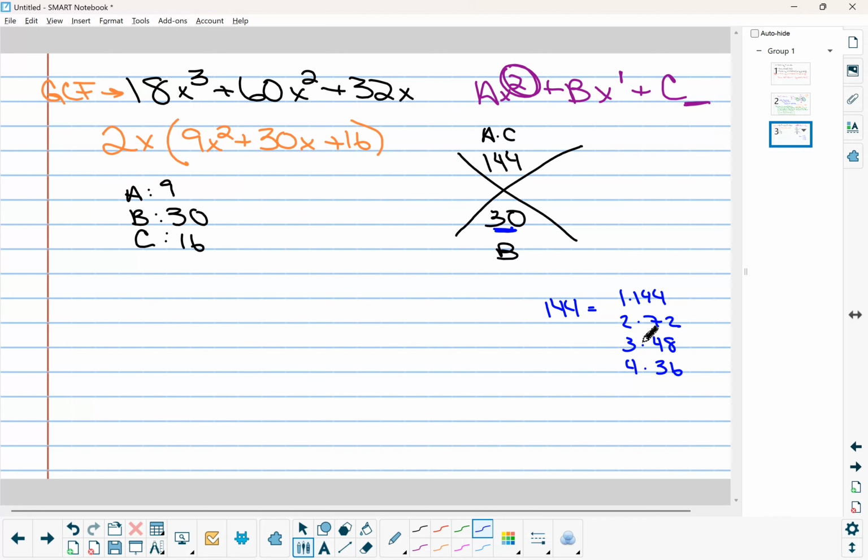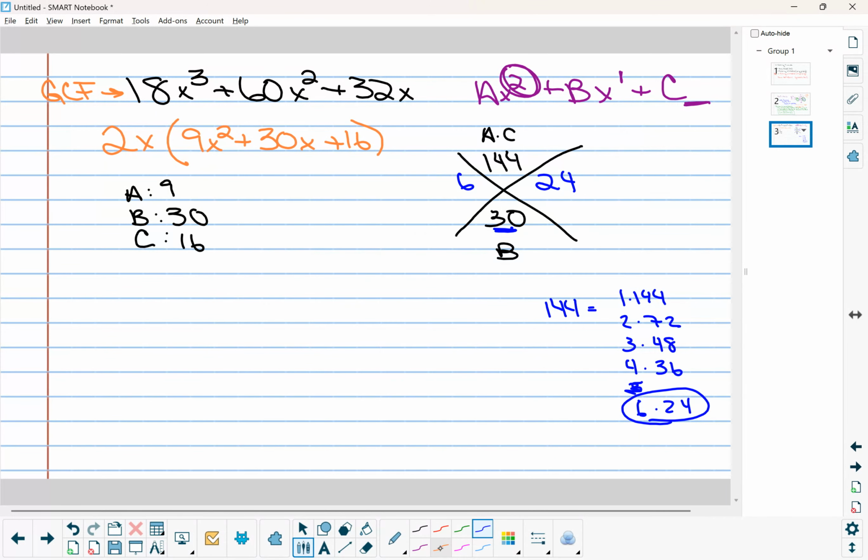So far, I have no way to get to 30, right? This is 145, 74, 51, 40. So 5, 5 doesn't go in there. 6 goes in 24 times. And there's my 30 that I need. Okay, so 6 and 24.